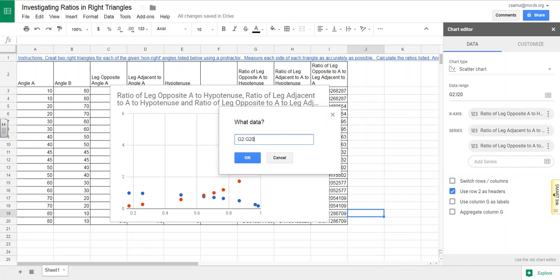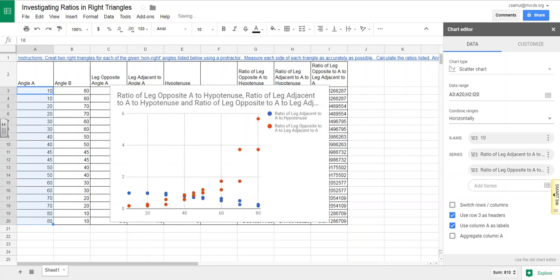For my x-axis, what I really wanted was these angle measures over here. You'll notice when I highlight those, it fills in here. I could also type it in manually. So if I hadn't highlighted, I could still say A3 through A20, for my x-axis.